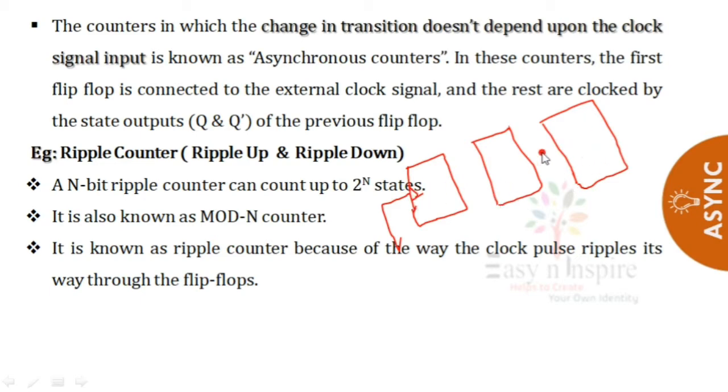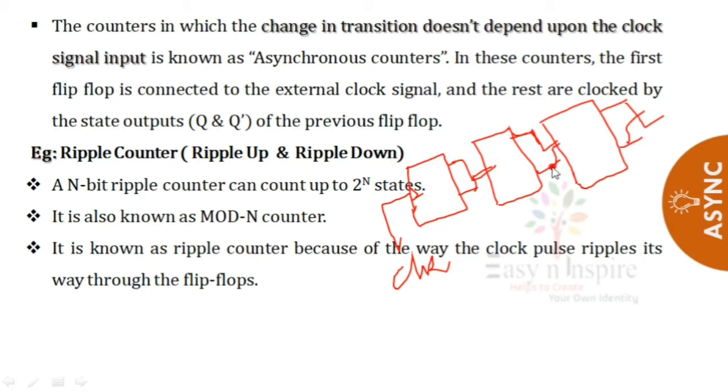For the remaining flip-flops, the previous outputs are given as clock pulses. Please remember this point. For the first flip-flop, an external clock pulse is applied, and for the remaining flip-flops, previous outputs are given as clock pulses, either Q or Q bar, whatever you want.